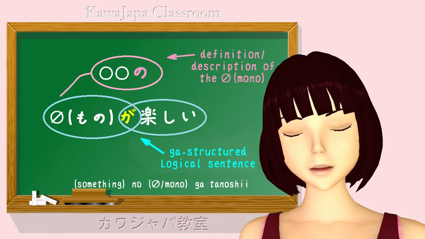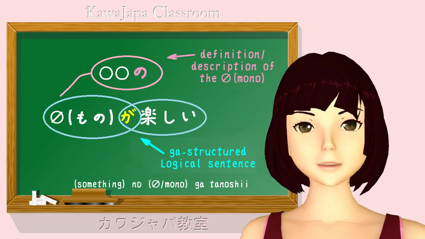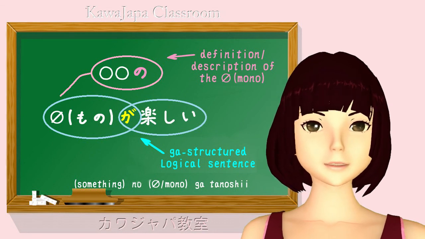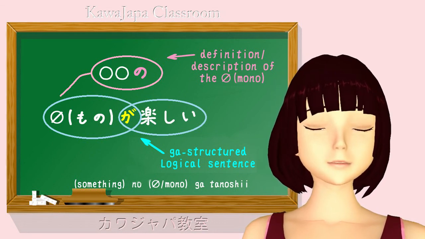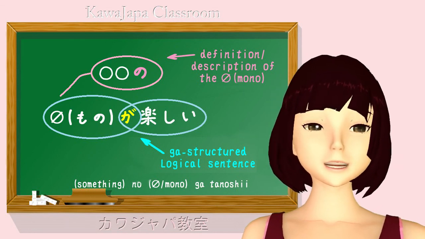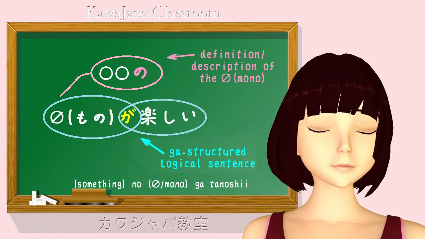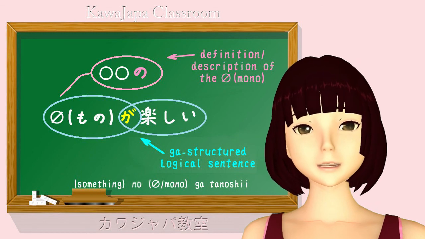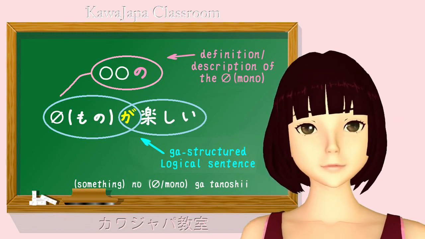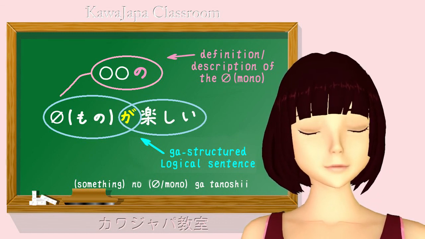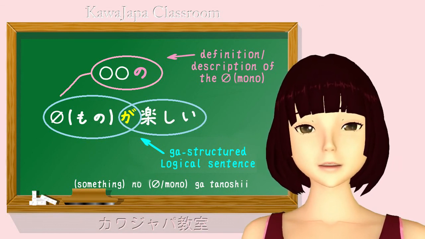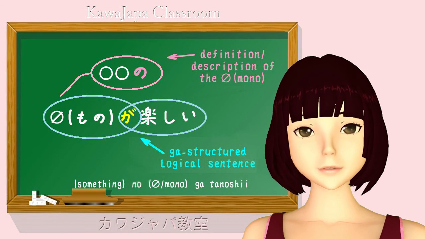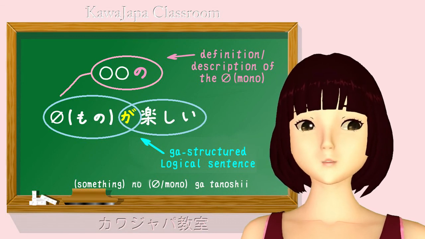Well, here we have no ga tanoshii. So no is implying a zero pronoun, and that is the subject of the sentence. No ga tanoshii. Something is being fun. What is that something? Well, we'll look back at all this stuff sitting behind the no to find out. But when we know that, we know how the sentence is structured and we can easily work out what it all means.